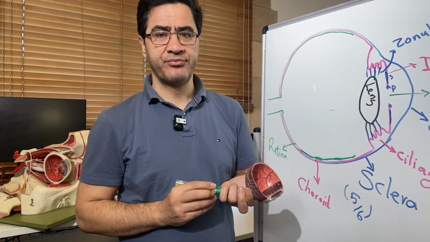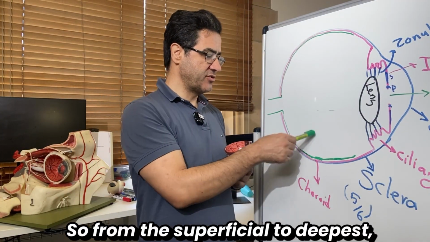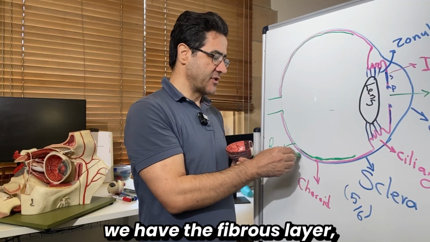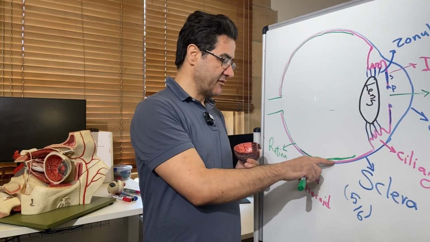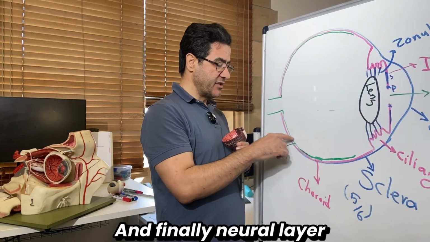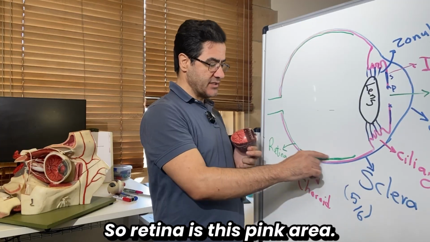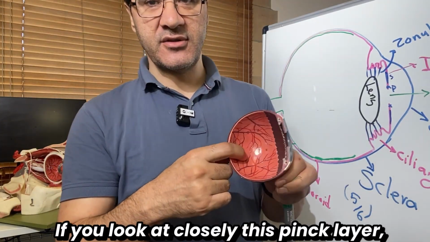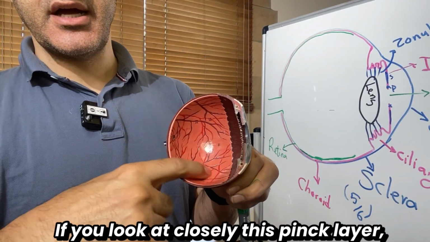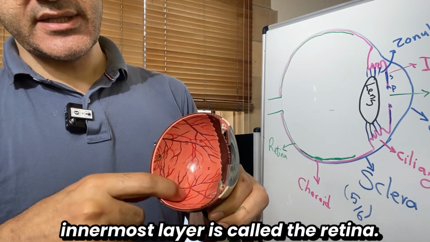So from the superficial to the deepest, we have the fibrous layer, the vascular or uveal layer, the uvea, and finally the neural or nervous layer, called the retina. The retina is this pink area. If you look closely, this pink, innermost layer is called the retina.